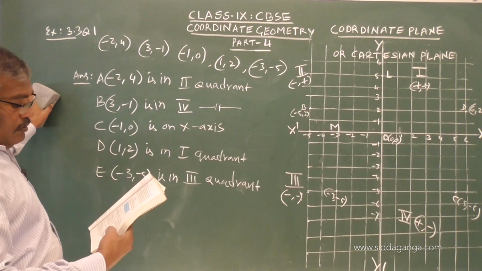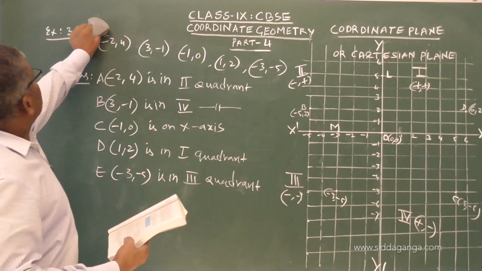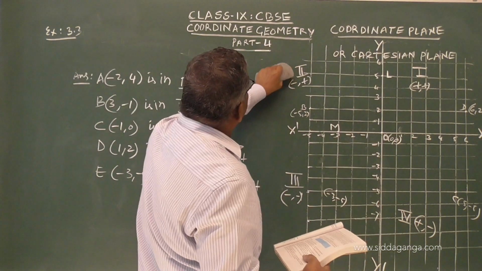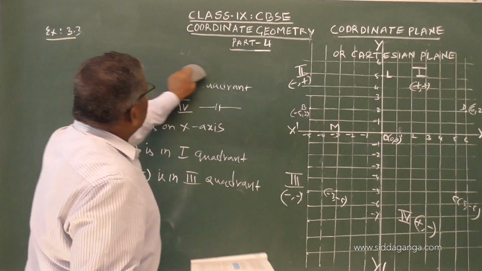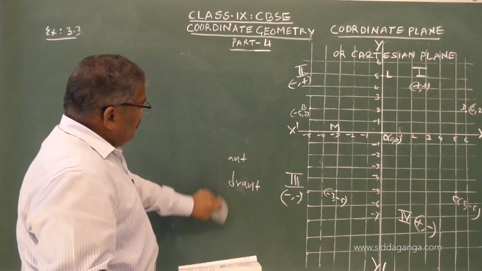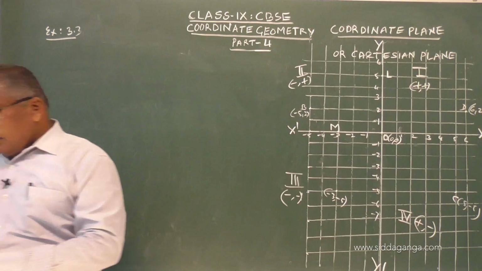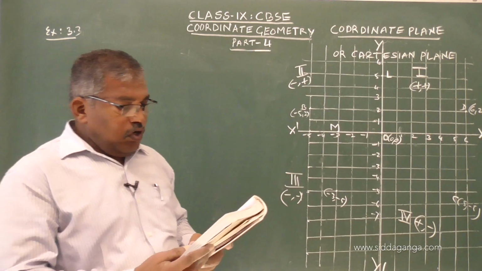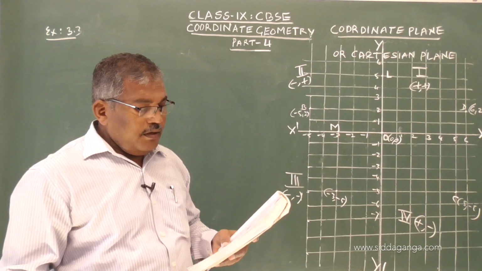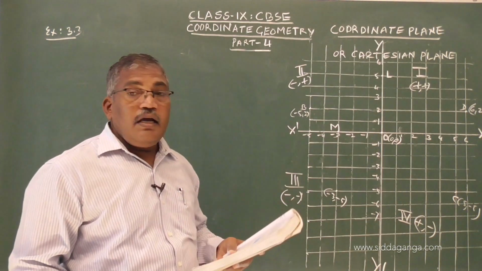Now we will take up question number 2 under this 3.3. And this is the final question under this chapter in your exercise. Now the question says, plot the points (x, y) given in the following table on a plane, choosing suitable units of distance on the axis.